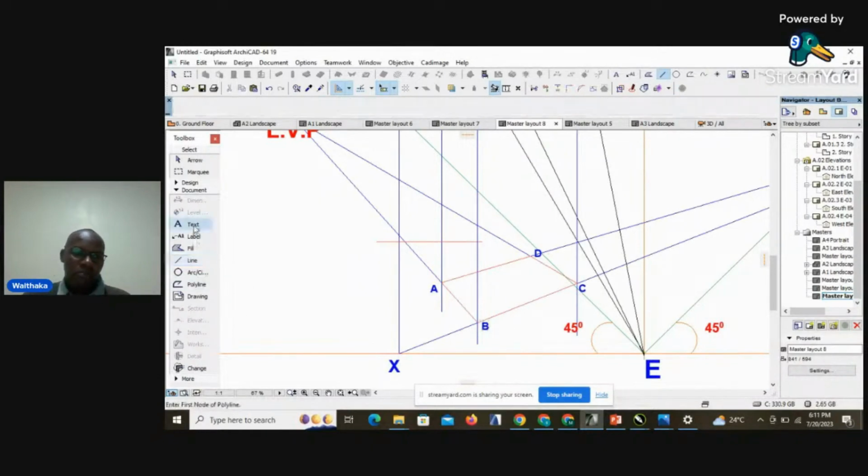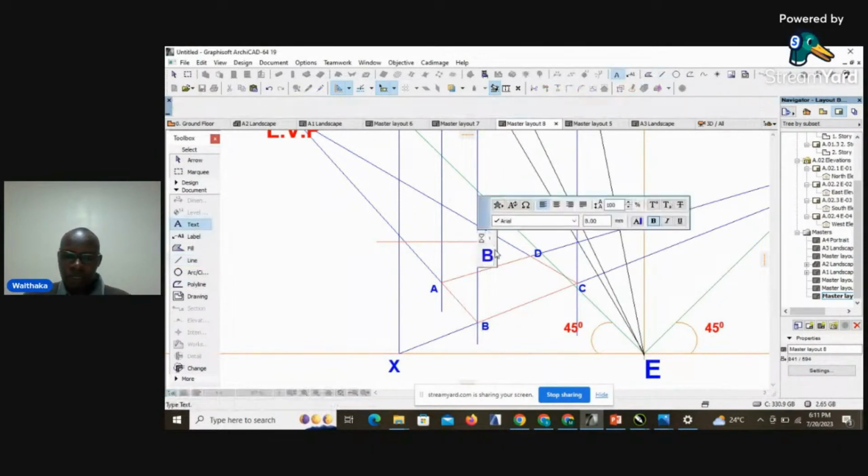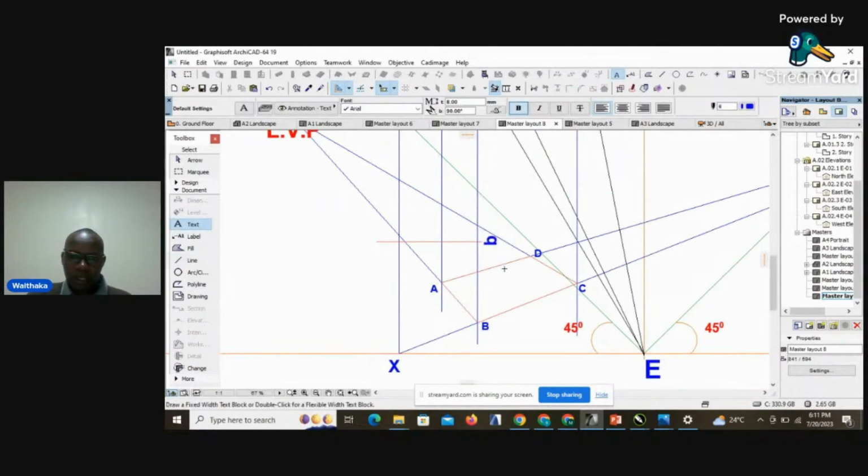So this will give us, maybe we can use small letters. This will give us point b. That will give us point b.